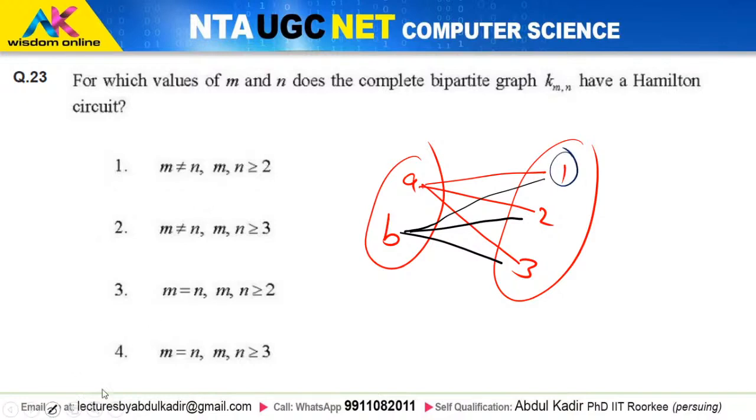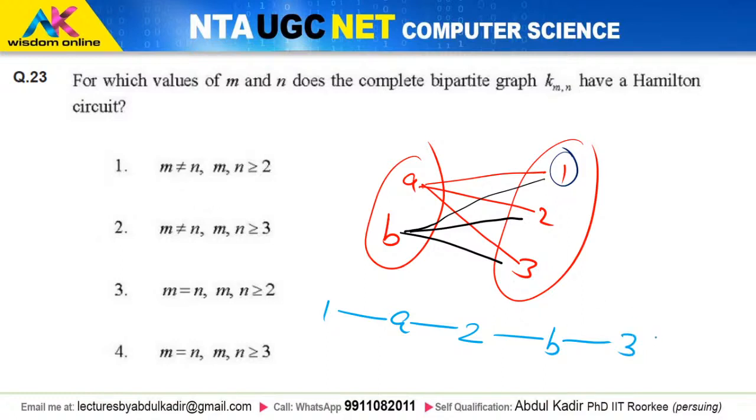If you start at vertex 1, from 1 you can go to A. From A you can go to, let's assume, 2. From 2 you can go to B. From B you can go to 3. Now from 3 you cannot go to 1. Why?